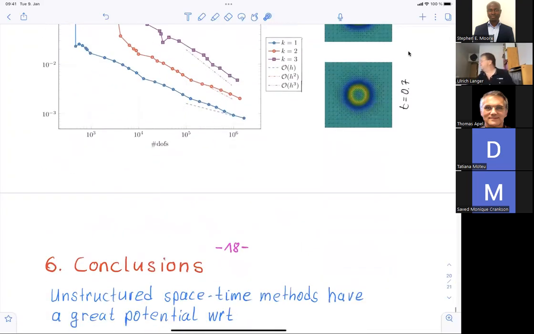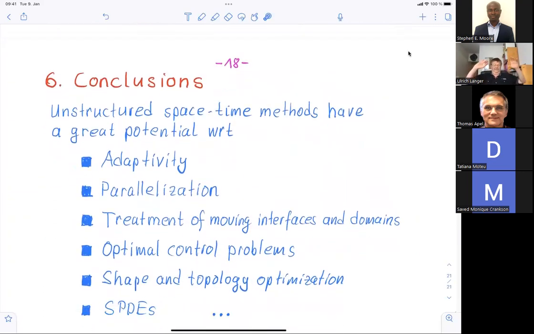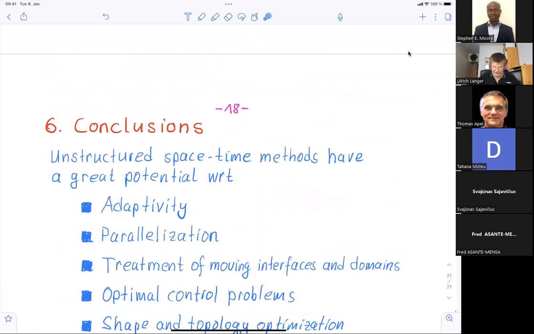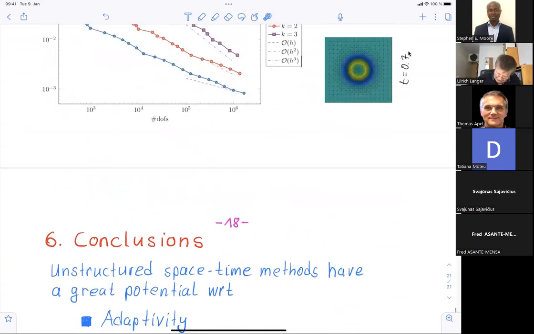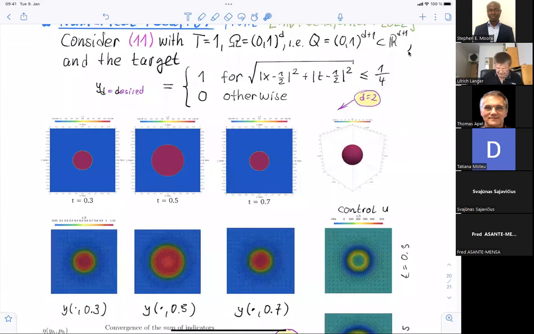So now I come to the conclusion. I owe my time a little bit. Conclusion. Unstructured space-time methods, as I discussed in the last chapters, have great potential, in my opinion, with respect to what? Adaptivity. Here we have really space-time adaptivity. With tetrahedra, these are cuts only, time cuts.